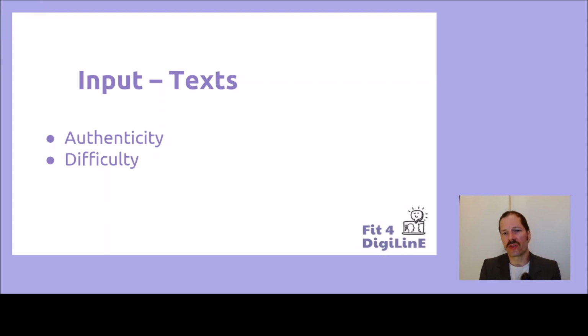In general, topics which might cause distress or offense should be avoided. Two issues concerning texts will be discussed here: the question of authenticity and the question of what makes a text difficult.